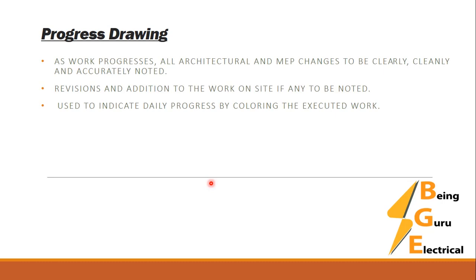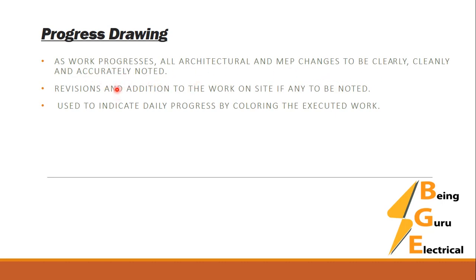It is normally a requirement of ISO, that if any engineer working on the project is absent and another engineer comes in his place, he knows which work is done and which work is not done. As the work progresses, all architecture and MEP changes are to be cleanly and accurately noted. All the changes should be noted on a separate drawing.